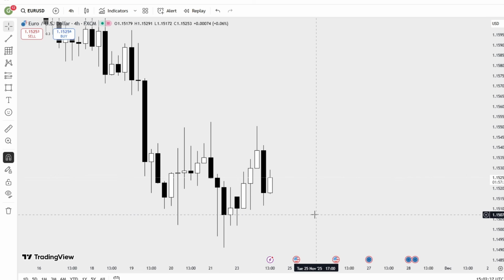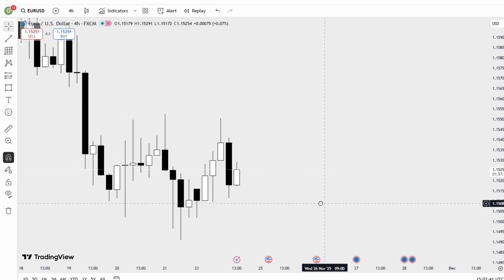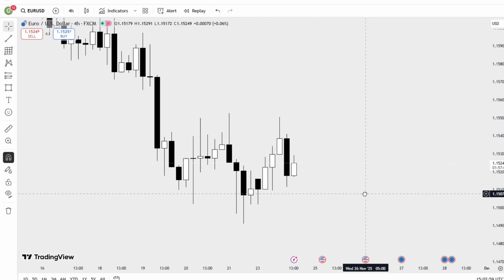As spoken in the 5 a.m. model, we do have to wait for a 15-minute candle range, right? And if you haven't seen the 5 a.m. model video, I highly suggest you go and rewatch it, because it's the model that we use almost every day to print some money, right?